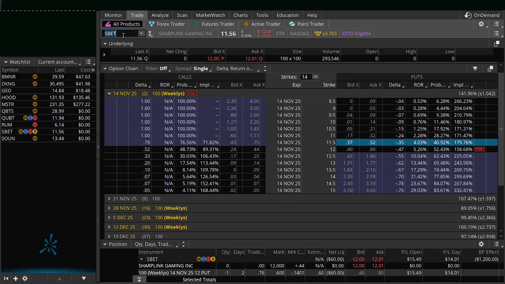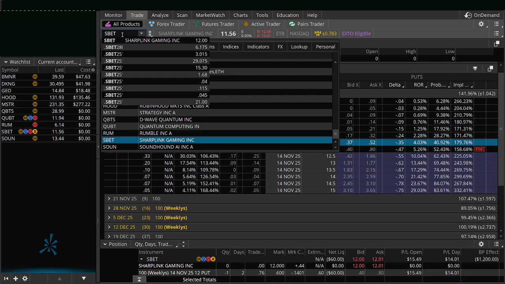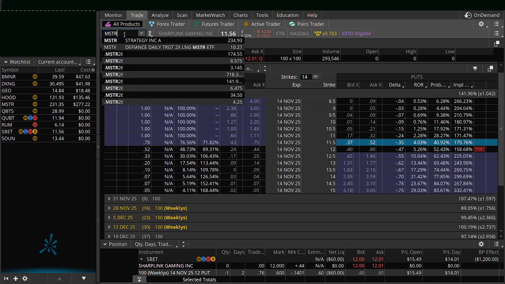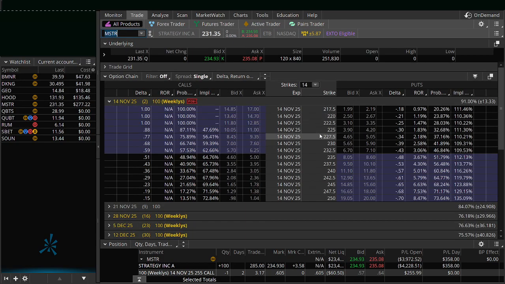We could try to find a different example real quick. Let's look at MicroStrategy. On MicroStrategy at the 250 strike, it's coming back at 1.19%. I always want to try to target 1% a week, so if I see this here, I'm like, okay, I'm good.